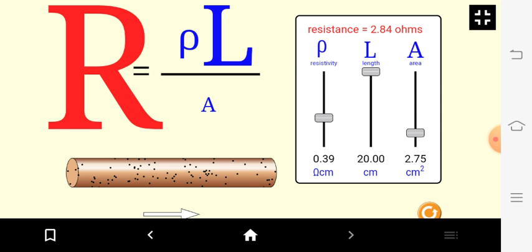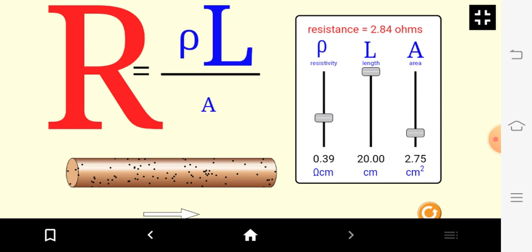A narrow path means there is less space for the electrons to travel. Collisions will be more because atoms are always there. Suppose there is a narrow path and a wide path, you will always prefer to go through the wide one because obstruction will be less in that case.